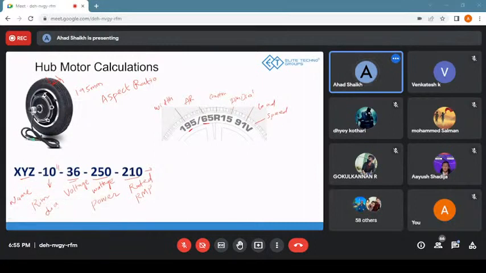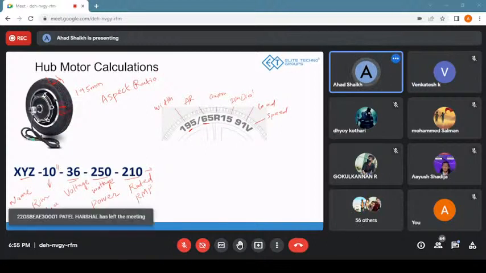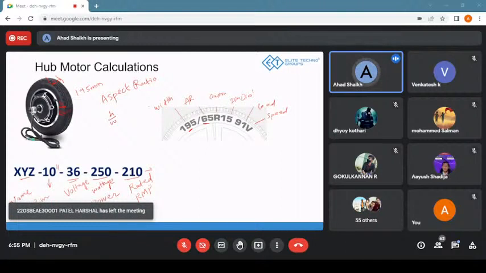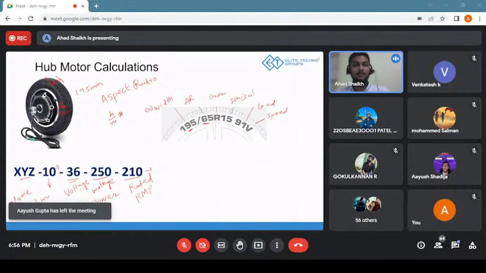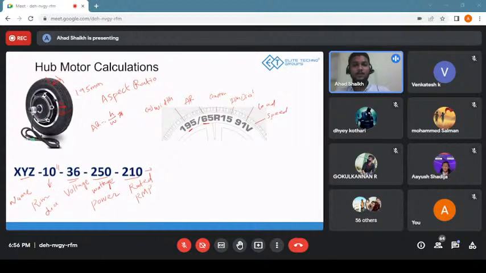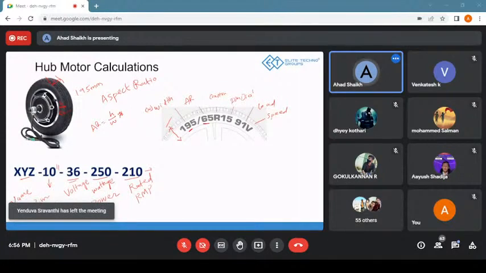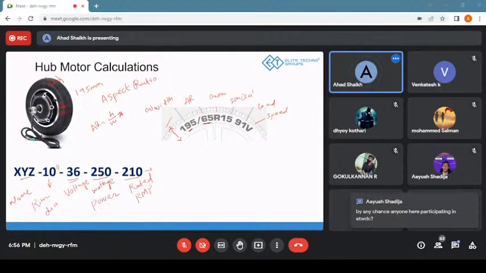It's the ratio of this height, from the very top till the rim, to the width. So this height we call h, and W is the width. We calculate h by w as a percentage, and that gives us the aspect ratio.